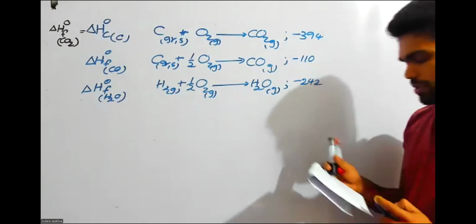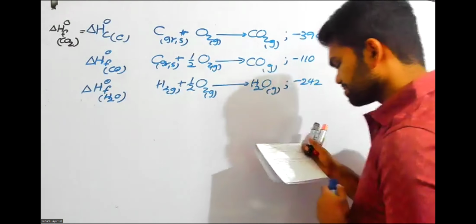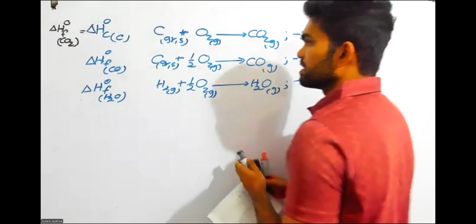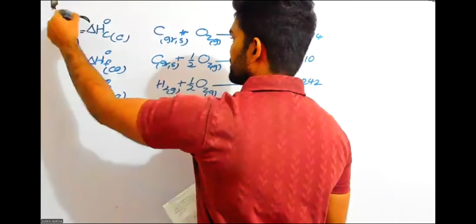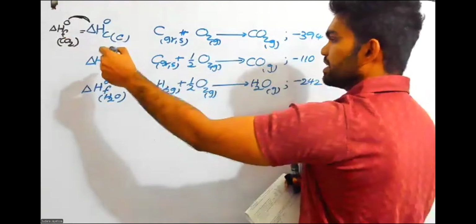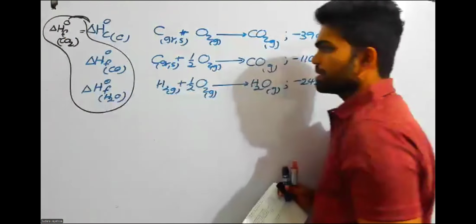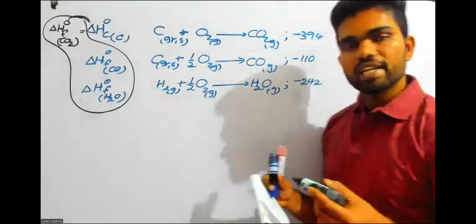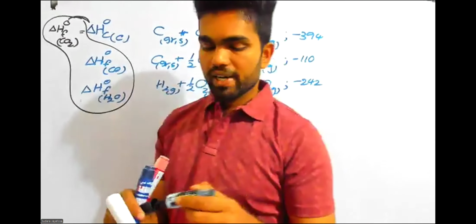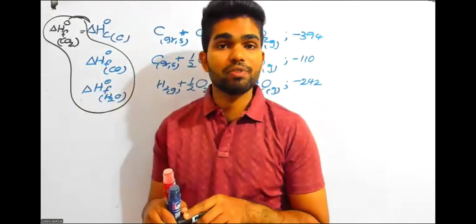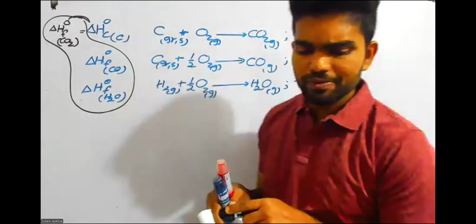Understood. Now you need to use these three equations. They all are formation enthalpies. So you can use the equation addition method. But since they are formation enthalpies, we can use a specific cycle, right?